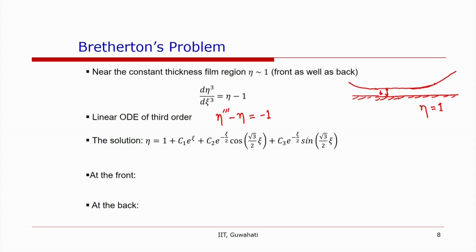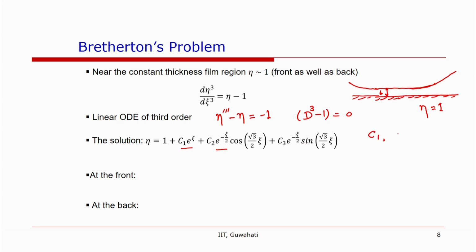One can solve the characteristic equation of this homogeneous equation, where we get d cube minus 1, and one will get the characteristic roots, and from that one can obtain the solution in this form: eta is equal to 1 plus c1 exponential psi plus c2 exponential minus psi by 2 and so on.